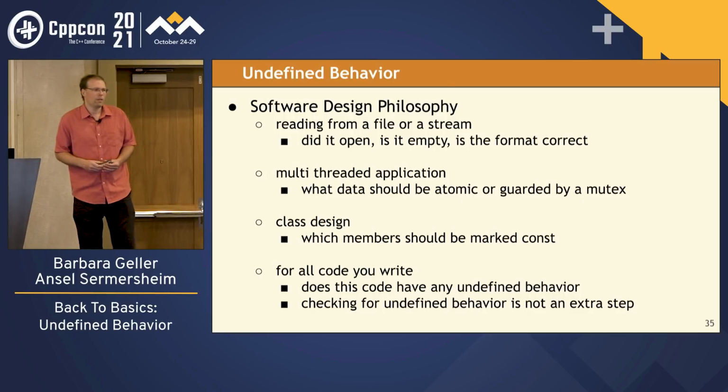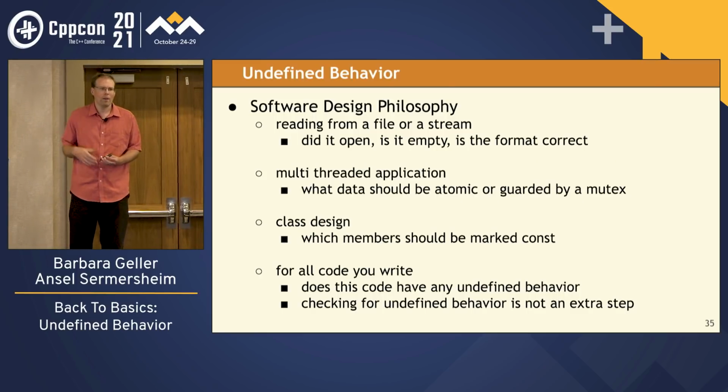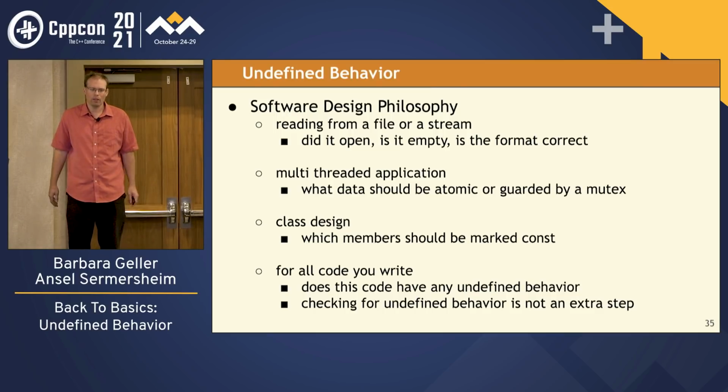So our philosophy is, when you're writing code, you have to think about the context of what it is you're doing. If you're reading from a file, you need to handle errors like, did it open? Is it empty? Do I have valid data in the file? If you're writing a multi-threaded application, you're thinking about what data should be atomic or guarded by a mutex. When you're designing a class, you want to look at, what should I mark const?